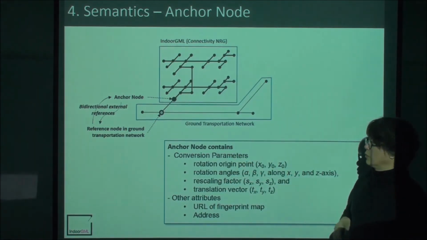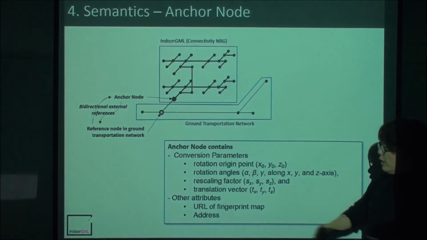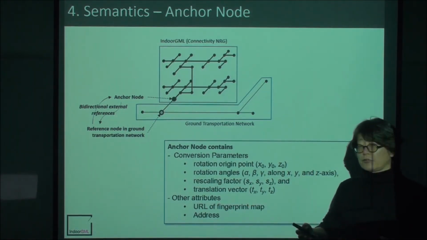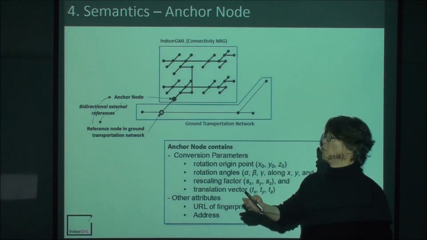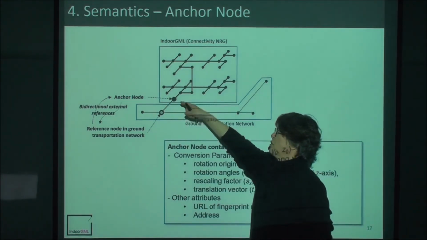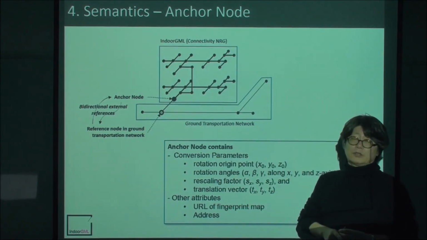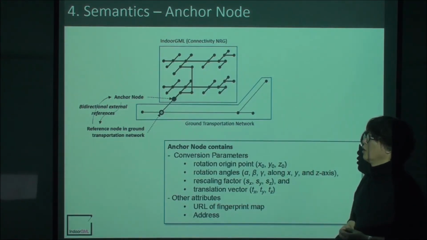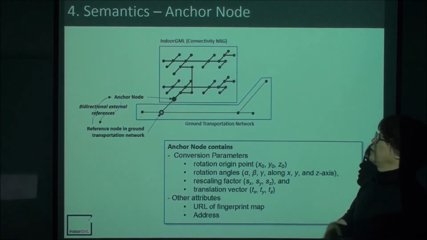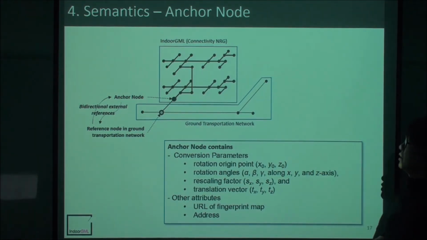This is one possible application of anchor node. And for example, if necessary, we can define further information of this indoor space as an attribute of anchor node. This is another application. So there are many very interesting applications of anchor node.